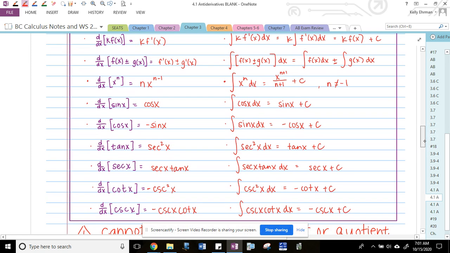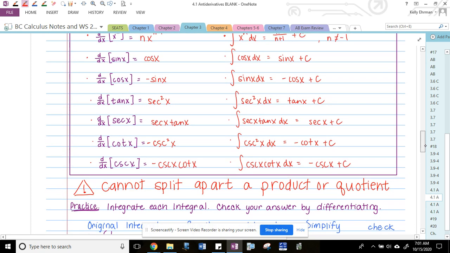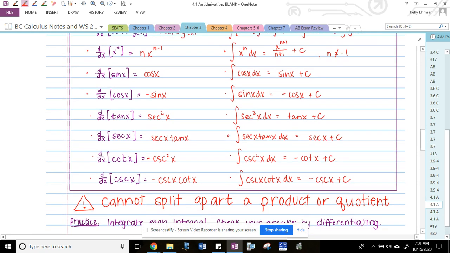So when you're taking integrals, you cannot split apart integrals into a product or a quotient. So we do have, toward the end here, 2 integrals that involved a product of 2 functions. But I didn't say this is the same as the integral of secant x times the integral of tangent x. I can't do that. But since secant tangent is the derivative of secant, that's how I can go ahead and take that integral. Okay? Same thing with squareds.